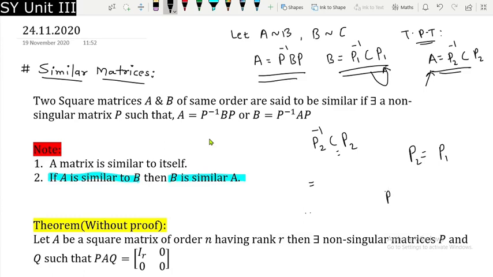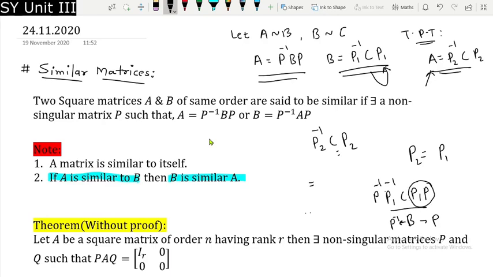So I want somewhat like this, P1 inverse C P1, right? Then I will get B, and to the neighborhood of B I want P inverse on this side, and on this side I want P. So over here I want P, and over here I want P inverse, so that I will get A. So what should be my choice of P2 then? So my choice of P2 is going to be P1P.